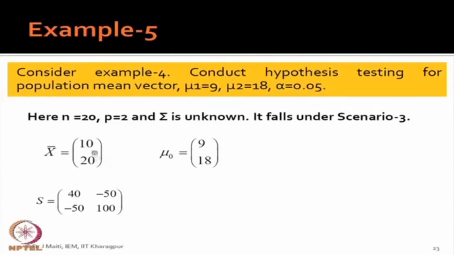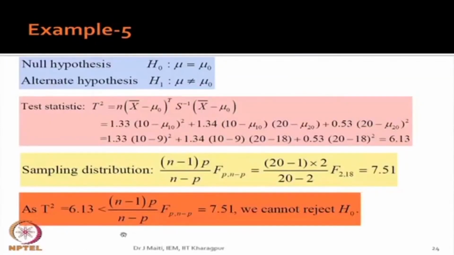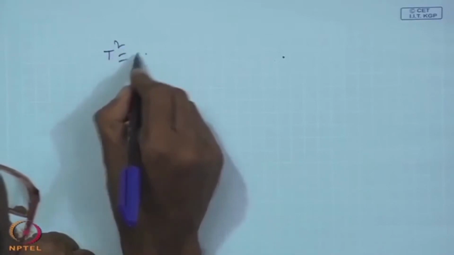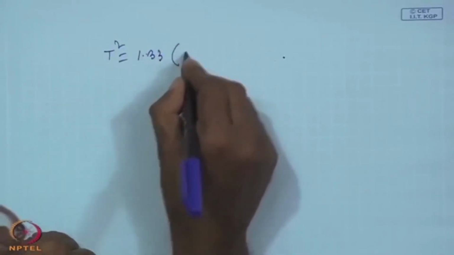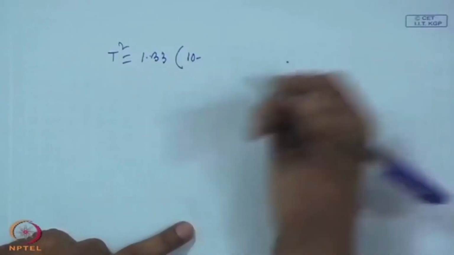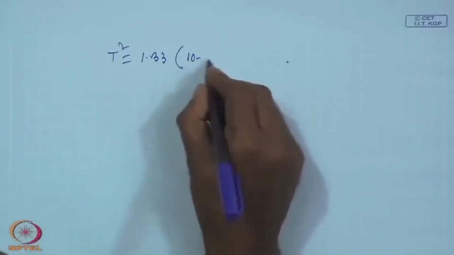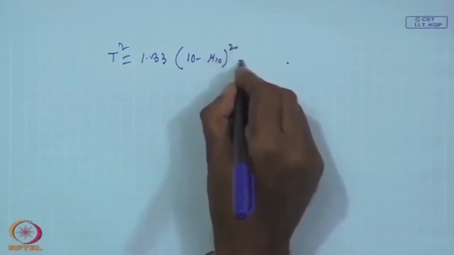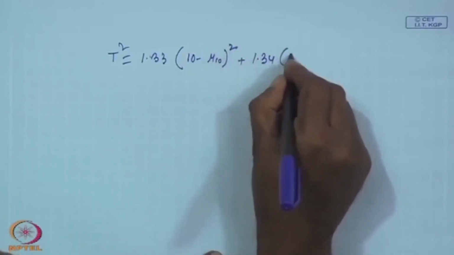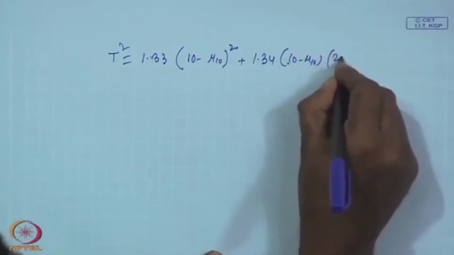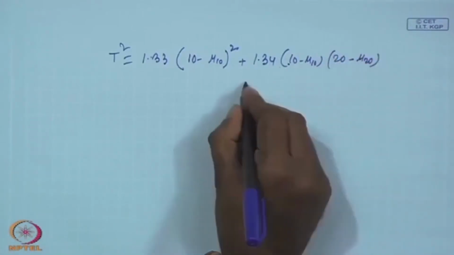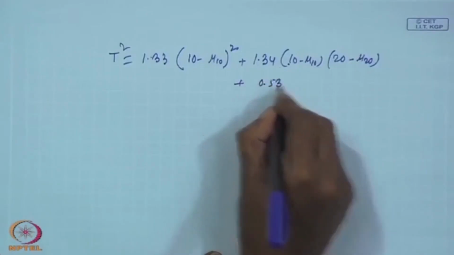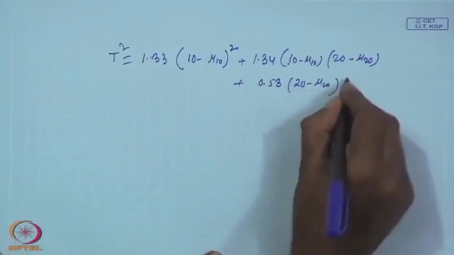So, you write down x bar is 10, 20, the same problem I am discussing, mu 0 is 9, 18 and S is 40, minus 50, minus 50, 100, and this is the calculation. I think you all know that we have already found t square is 1.33 (10 minus mu 10) square plus 1.34 (10 minus mu 10)(20 minus mu 20) plus 0.53 (20 minus mu 20) square.